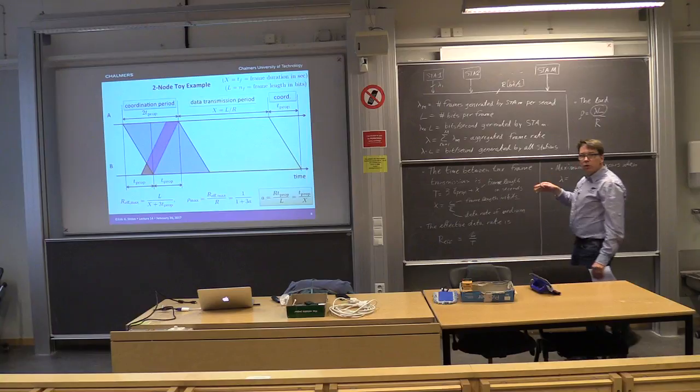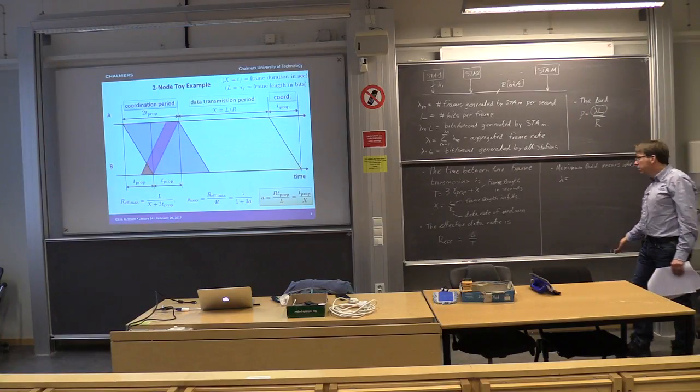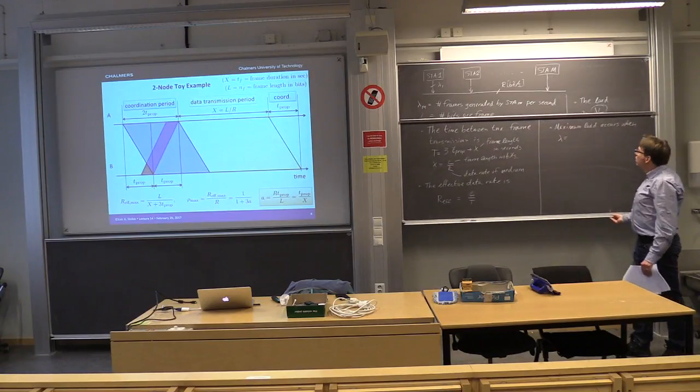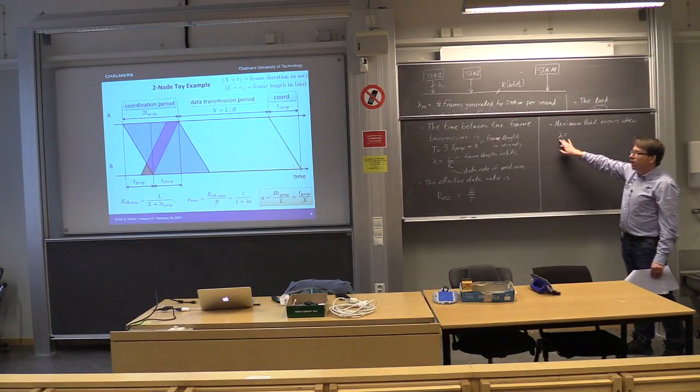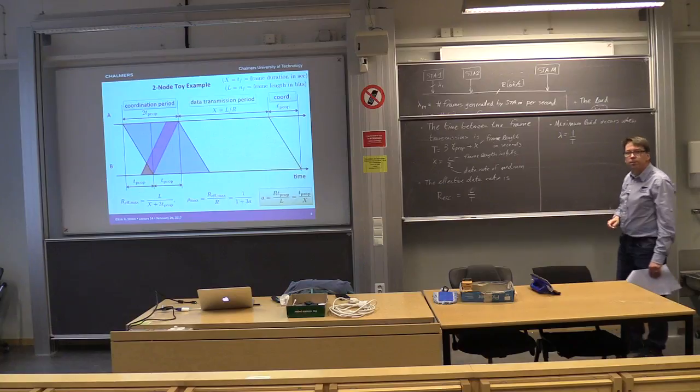So it's the rate of frames which are generated by, in this case, both A and B together. So whether it comes from A or comes from B, or every second comes from A or B, it doesn't really matter. What matters is the total number of frames which are generated per second. The maximum load occurs when this rate is as high as it possibly can be for this protocol, and that is simply 1 over t.